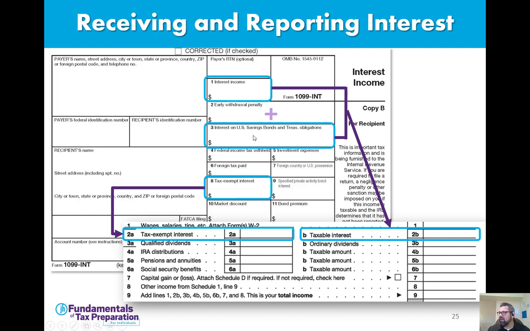Then we've got interest on a U.S. savings bond in box 3, and you've got tax-exempt interest listed in box 8. So it's really straightforward to let you know where the interest is coming from, what kind of interest it is, and that kind of leads you to understand the tax treatment of it. However, the information is all handled in Profiler.